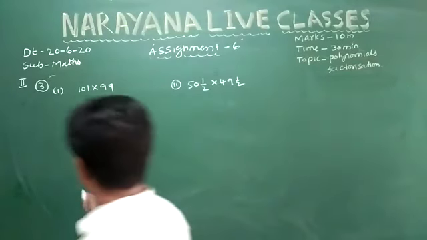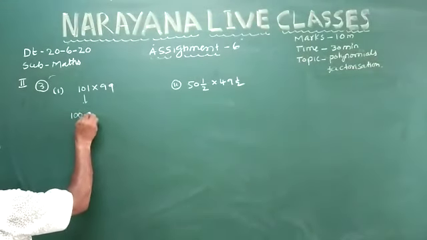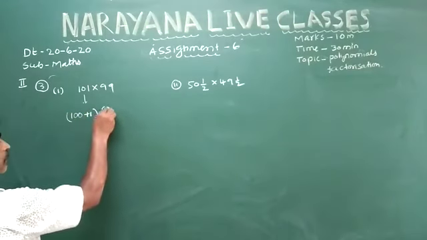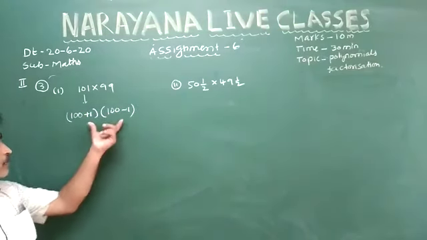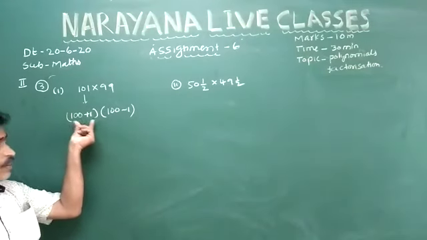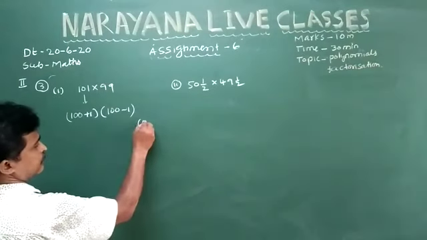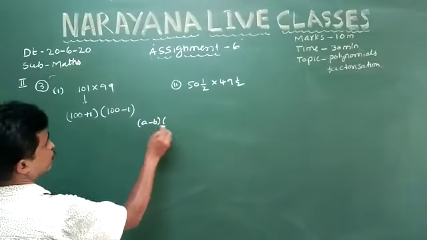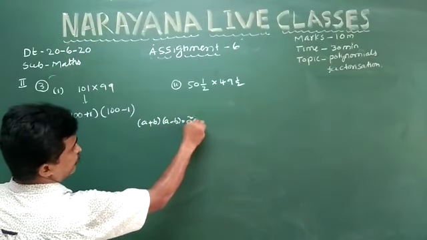Just see, this can be written as 100 plus 1, and this can be written as 100 minus 1. So this is in the form of a plus b, and this is in the form of a minus b. We know a plus b into a minus b is equal to a square minus b square.